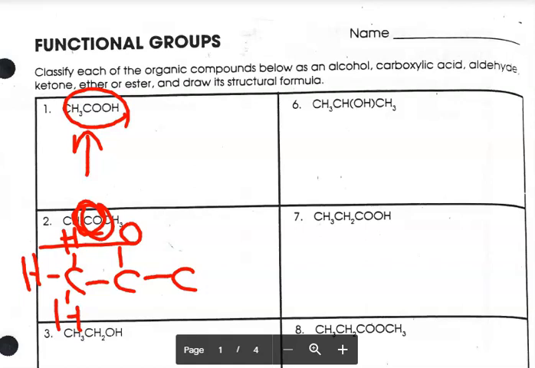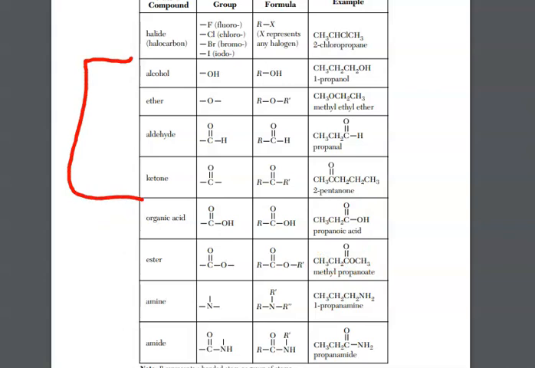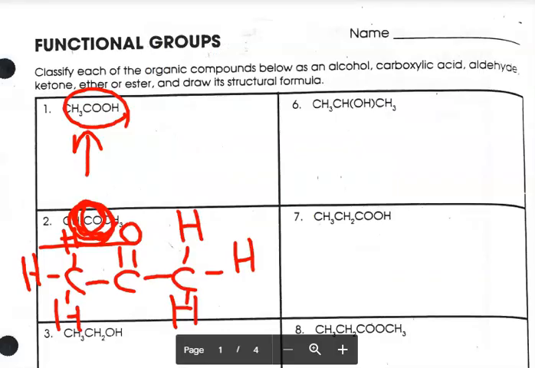Every carbon gets 4. It's going to be a C double bond O. So the condensed formula for that is just CO. If we go back to the reference table and take a look, 1 carbon, here's your group. And since you have carbons on both sides, you're talking about a ketone for number 2.